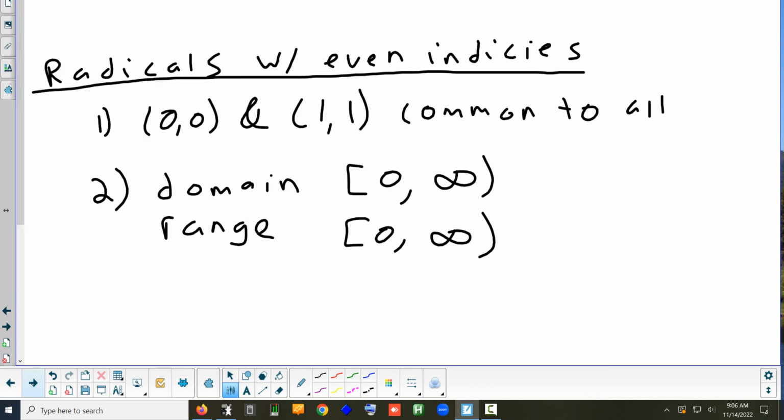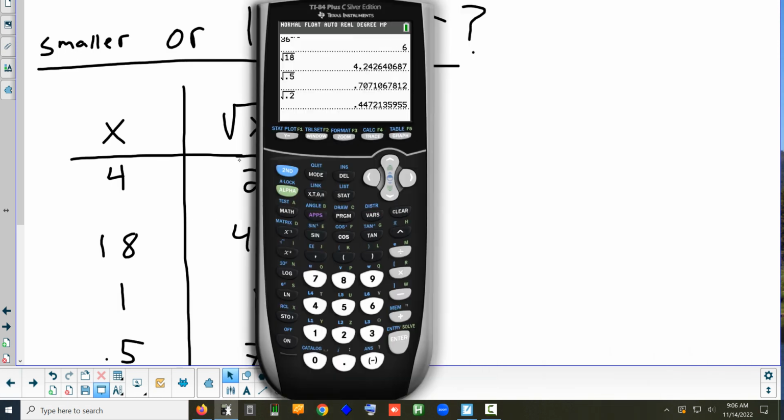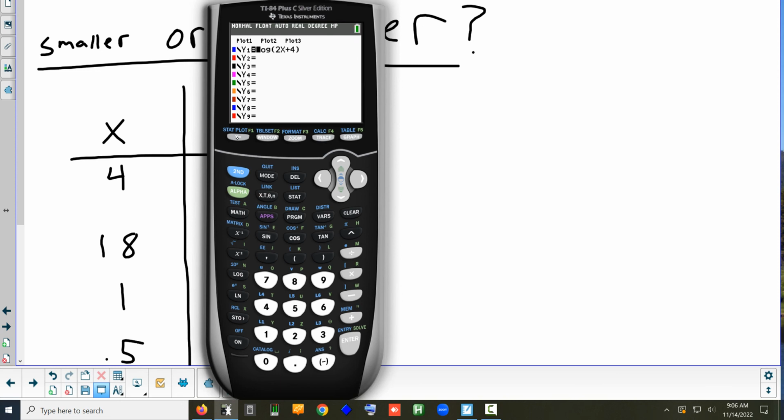So let's graph a square root so you can see what it looks like. Square root of x. And I'll do 4th root of x at the same time. Okay, so I'm going to graph square root and 4th root.